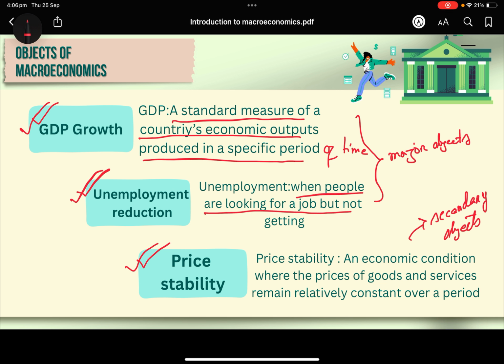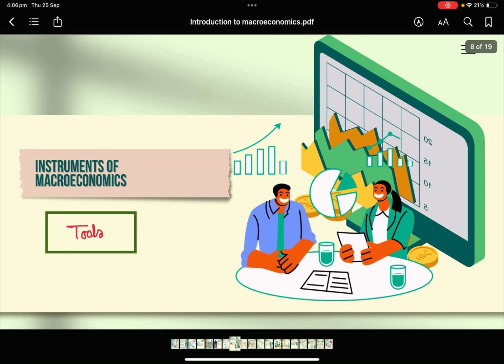Unemployment is when people are looking for a job but not getting one, and making less of this is unemployment reduction. So what is price stability then? An economic condition where the prices of goods and services remain relatively constant. It doesn't mean it never goes up and down, but when it goes up, it follows a constant trend. I hope you understand. Now go to the next slide.